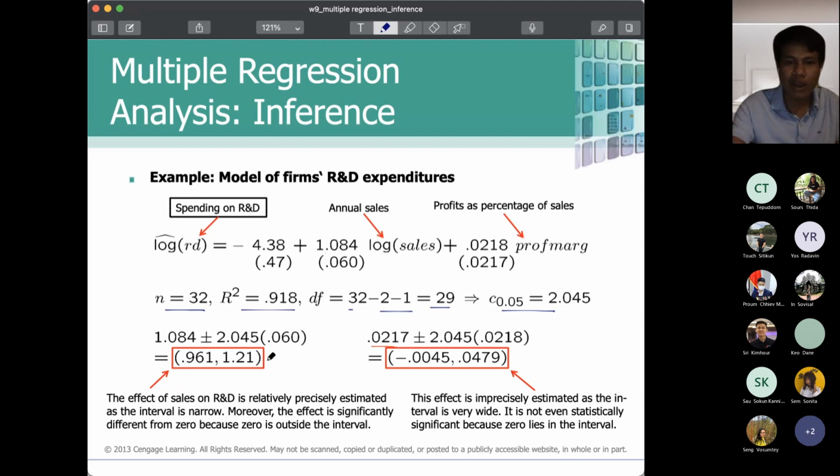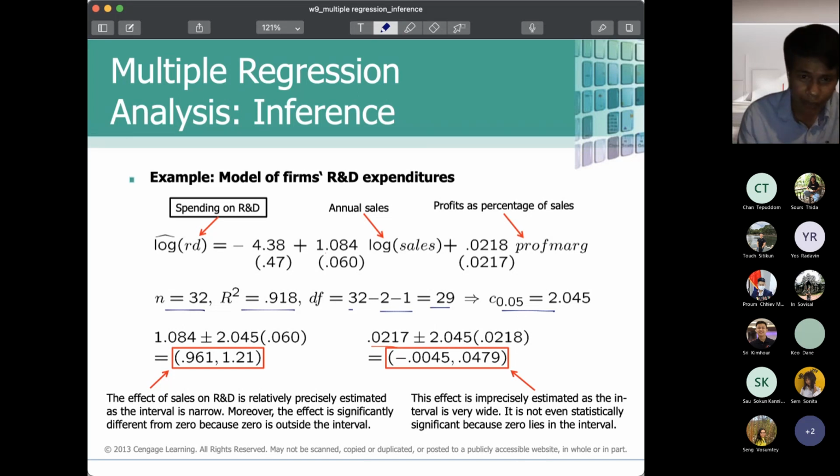How do you compute the lower bound? So let's compute the lower bound for the variable. What is this variable? The variable of annual sales. For instance, you want to know the effect of annual sales on spending on R&D. So to calculate that, the confidence interval with 95% confidence. All right.